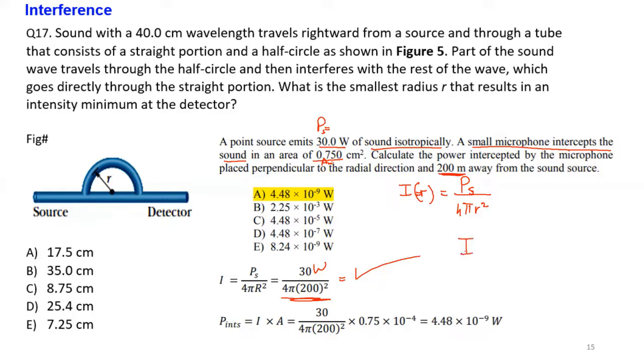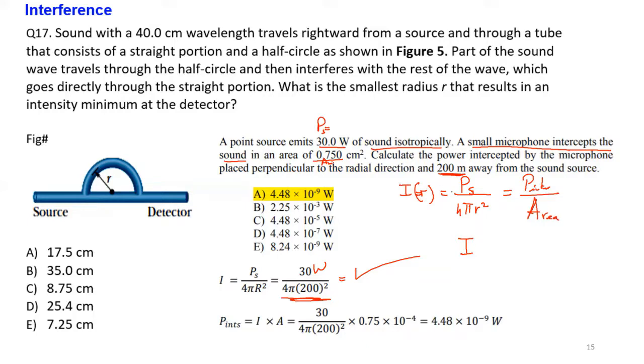Now that intensity is the intensity for the whole area of the sphere of radius r. Now what is the power intercepted by the microphone? So of course, this intensity is also equal to the power intercepted by the microphone divided by the area of the microphone.